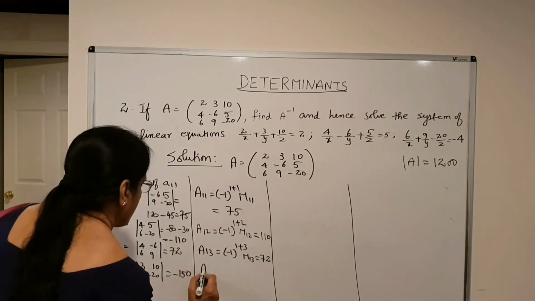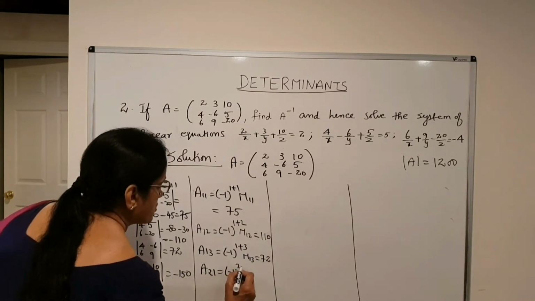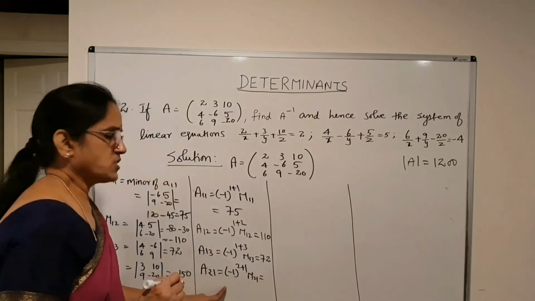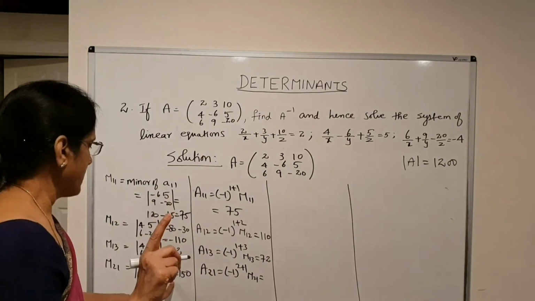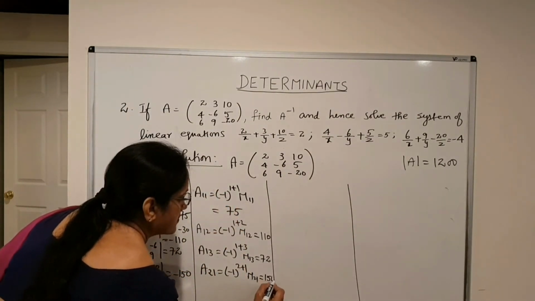So, the corresponding cofactor A21 will be minus 1 to the power 2 plus 1 into M21. Minus 1 to the power 3 is minus 1. Here I am having minus 150. So, this is going to be 150.